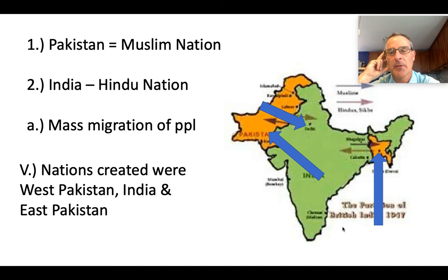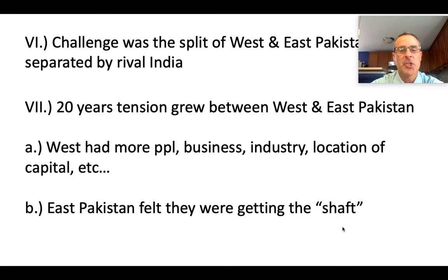We share a common religion. So obviously, if you're going to travel from Minnesota to Alaska, you got to go through Canada. And of course, you're going to have some border crossings and some customs checks. You're going to be dealing with different currency, but for the most part, it's not going to be that big of a red flag. But between West Pakistan and East Pakistan being separated by their rival India, that's going to make communication and travel, obviously a lot more challenging.